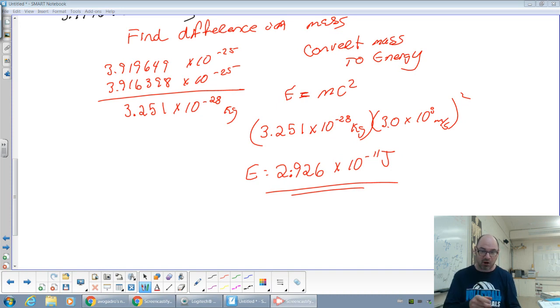So if you assume that you had that many particles in 1 gram of uranium-235, and you multiplied 6.02 times 10 to the 23 times 2.926 times 10 to the negative 11, oops, sorry, I did it wrong. 6.02 times 10 to the 23 times 2.926 exponent negative 11, you'd get 1.76 times 10 to the 13.